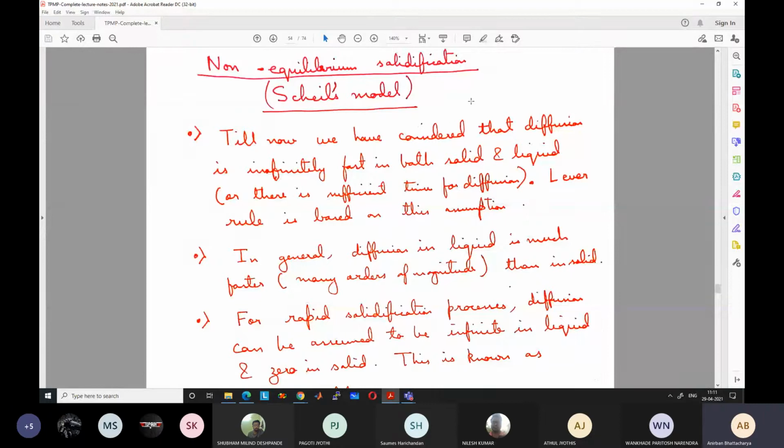So to summarize, till now we have considered diffusion is infinitely fast in both solid and liquid, or there is sufficient time for diffusion. Okay. So we have full diffusion in the solid and full diffusion in the liquid. What it means is that if there is any concentration change in the solid, it can happen fully. Means say initial concentration of the solid was, I had drawn also one curve somewhere.